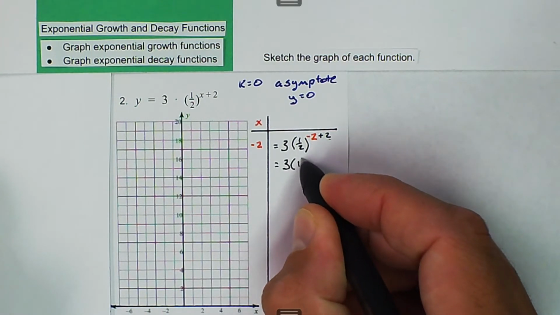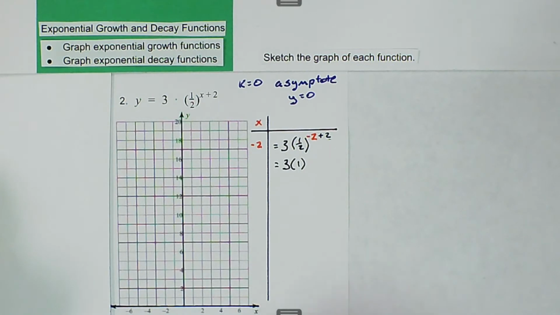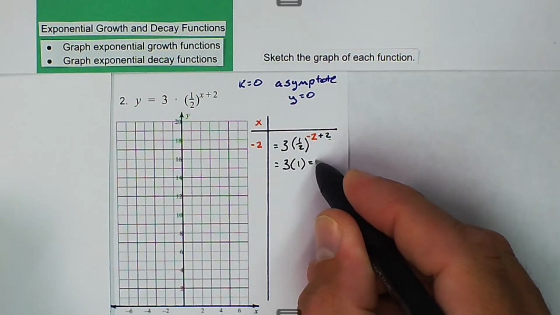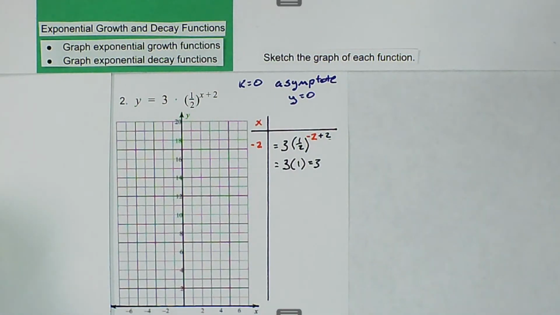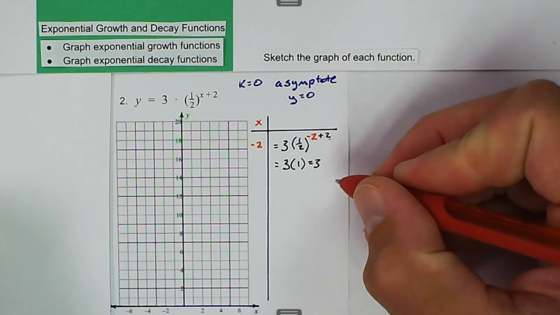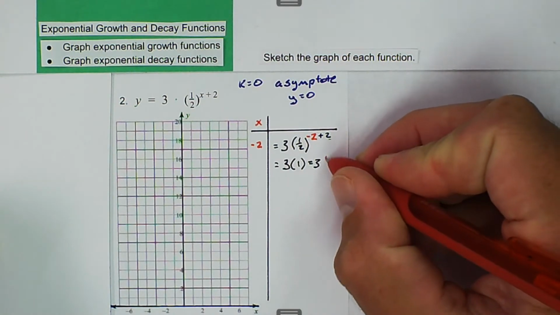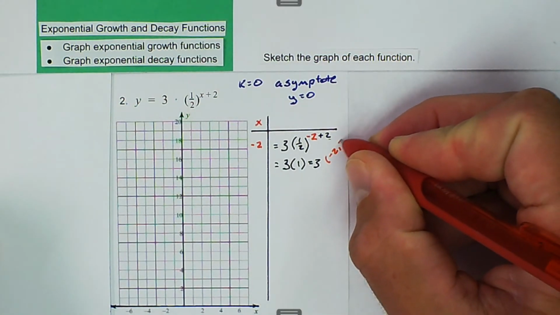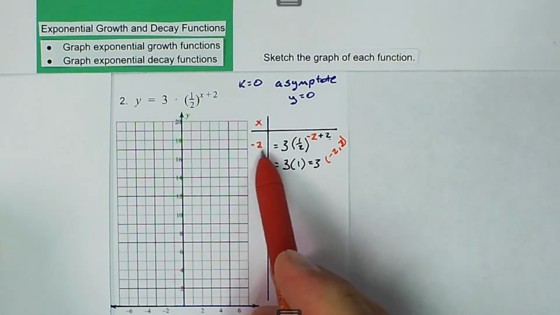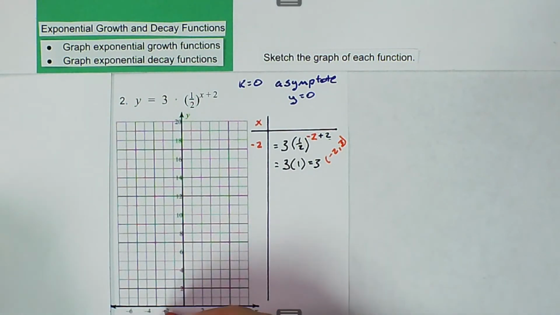So we get 3 times 1, which is equal to 3. And so the ordered pair which goes with this is -2, 3. We plugged in the x and got the y. So -2, 3.